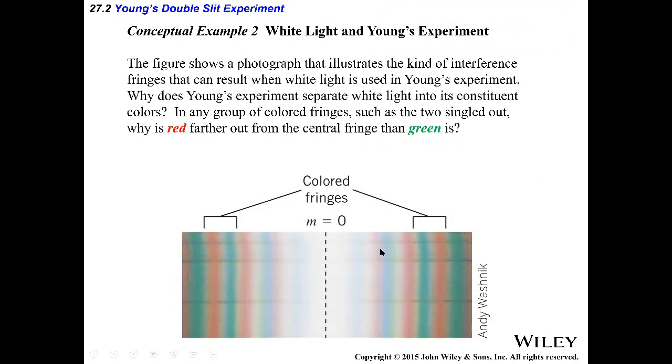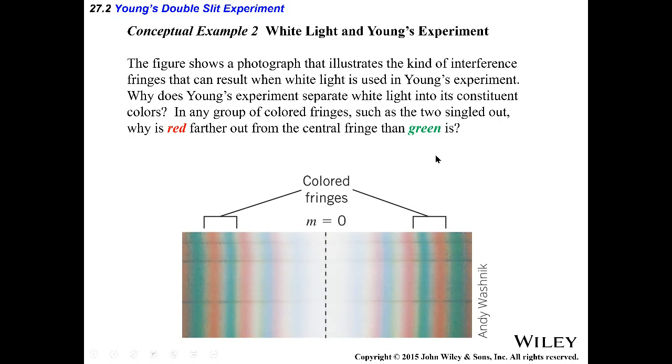And then there was this conceptual question, which we ended last time by saying that with white light, all the different wavelengths of blue light, green light, red light, they all are bright. Therefore, in the middle is white. But when you look for one of the other fringes, you will see a spread of colors: red, orange, blue, green, and so on.